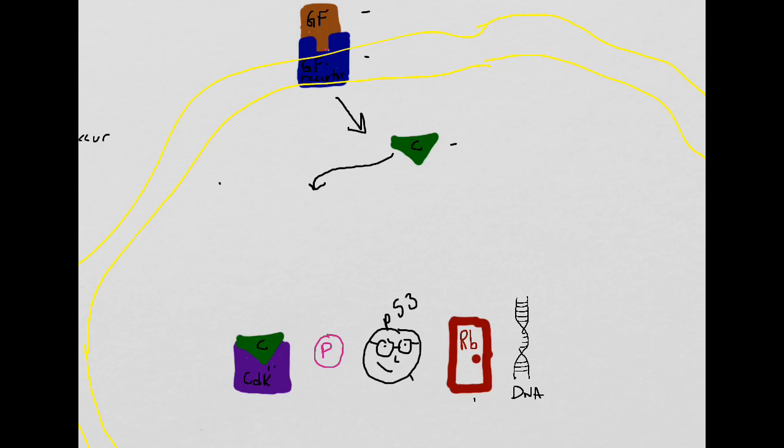But at this point, we're shutting down the copying. So there'll be no copying. You cannot get in. So that's the job of P53. Okay, block CDK until the DNA is fixed. So we could kind of see where things could go wrong here, right? We can see where we could have a problem with this.